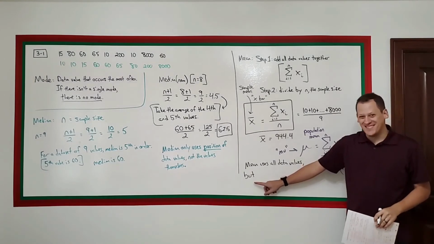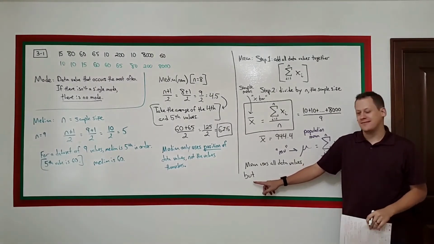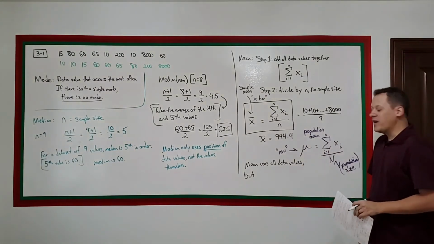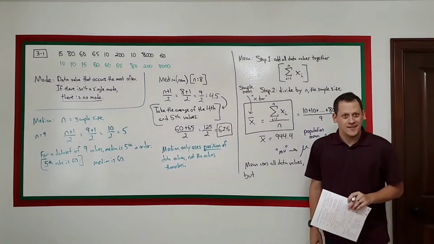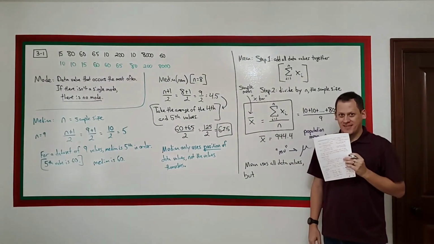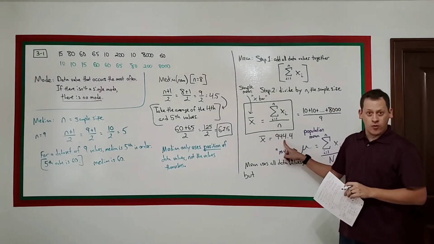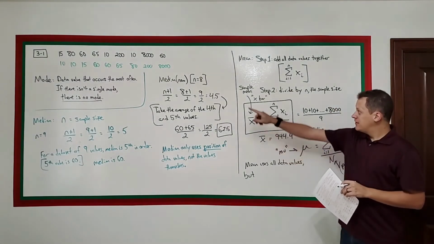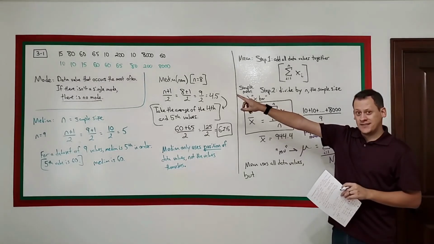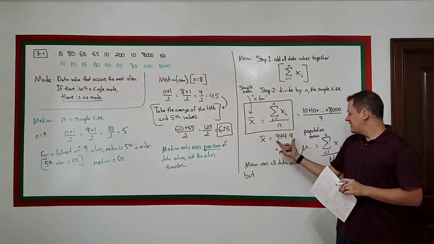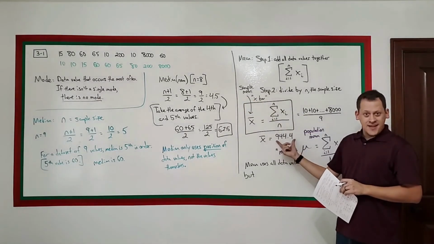But there's a but. There's always a but, right? What's wrong with the mean? Do you find anything strange about the fact that this was 944.4 for that data set in green? Is this the center of that data set?